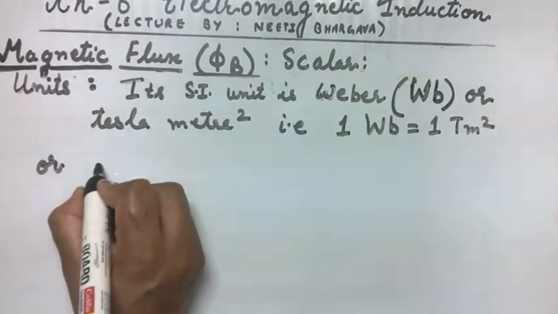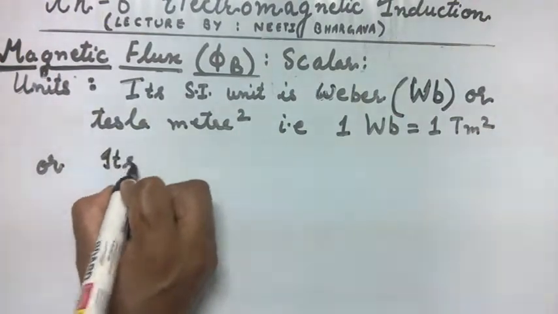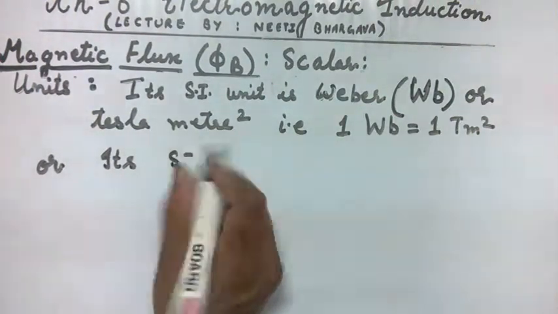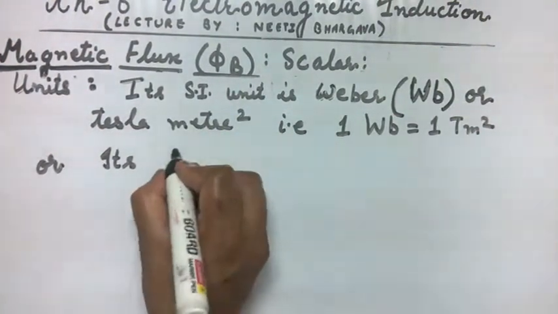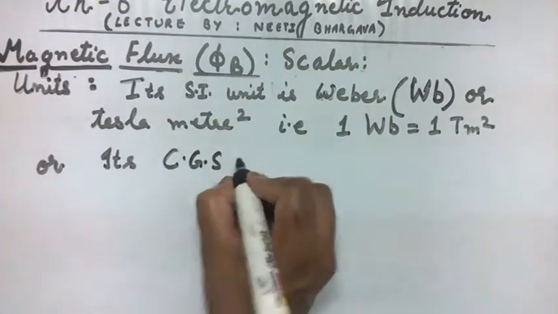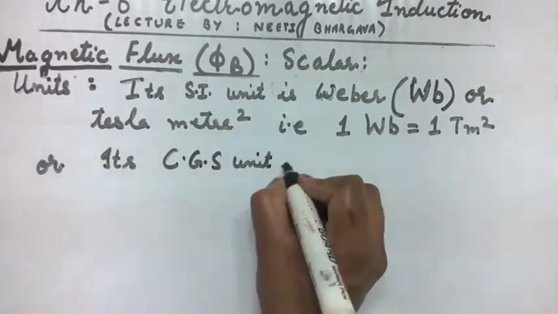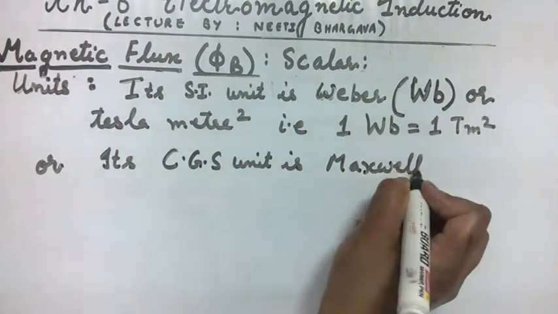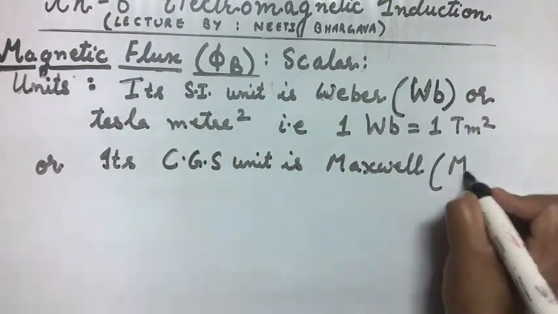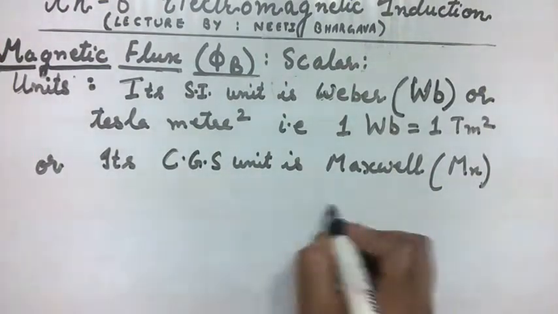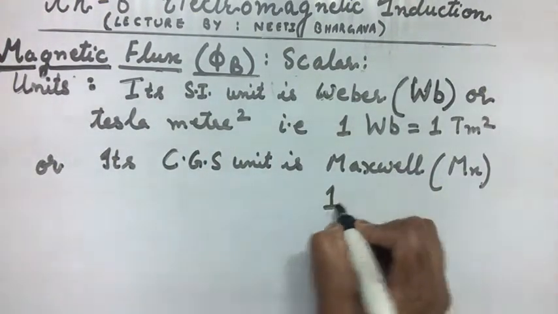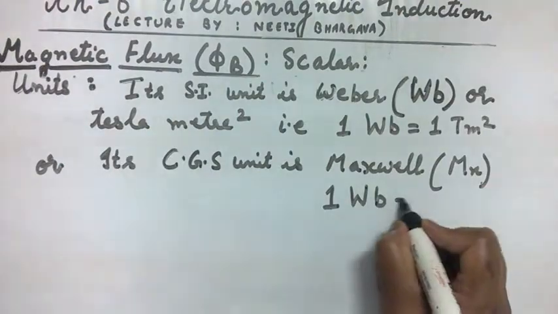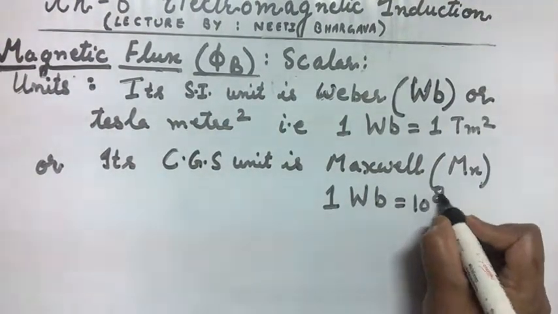Or its SI unit is, its CGS unit is Maxwell, abbreviated as MX, and 1 Weber is equal to 10 raised to the power 8 Maxwell.